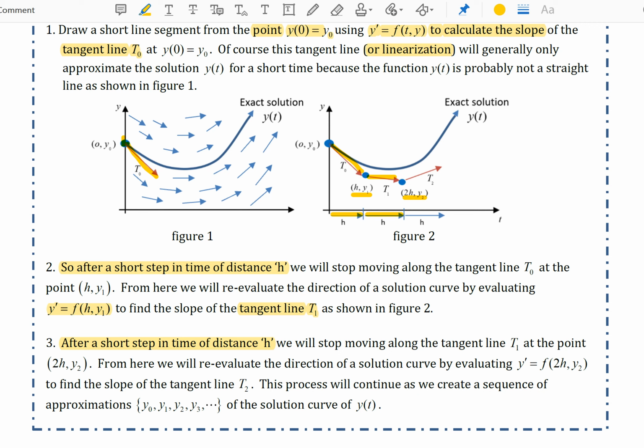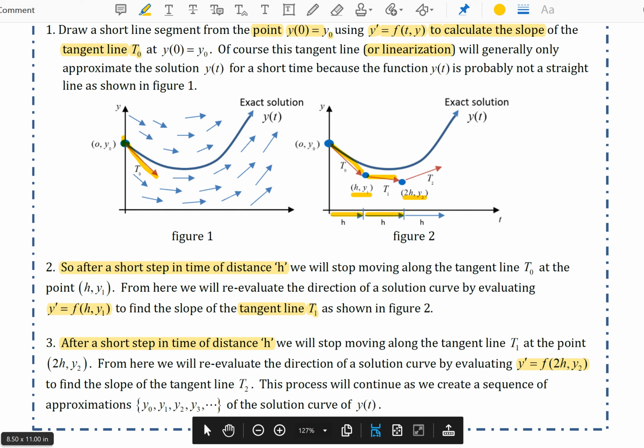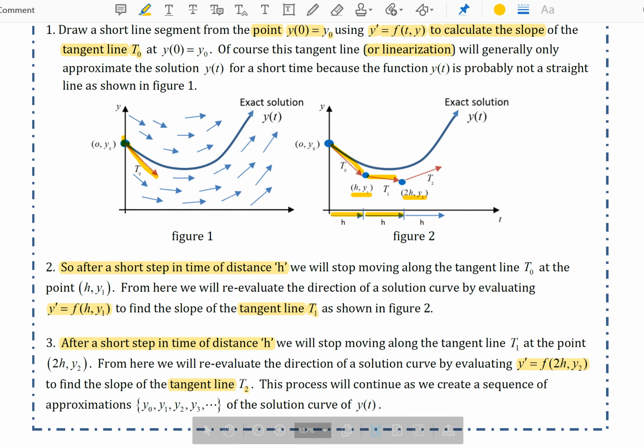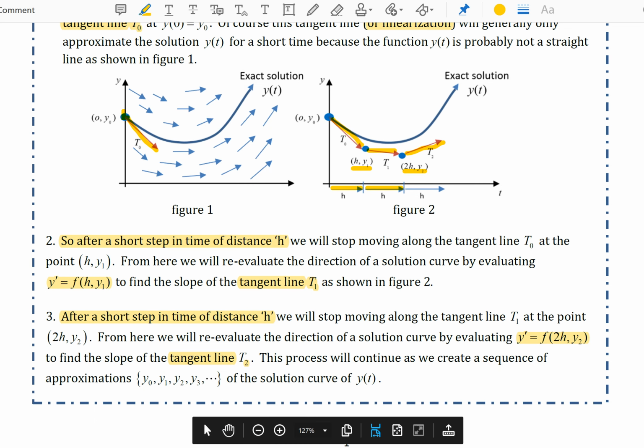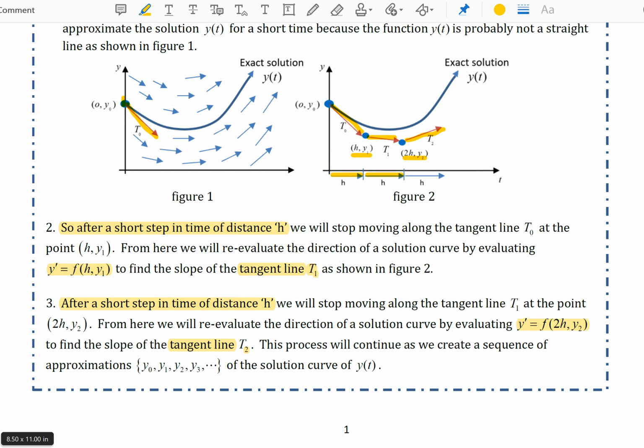From here, we will reevaluate the direction of the solution curve by evaluating the derivative y prime at (2h, y2) to find the slope of the tangent line t2, this line. This process will continue as we create a sequence of approximations of the solution curve of y of t.